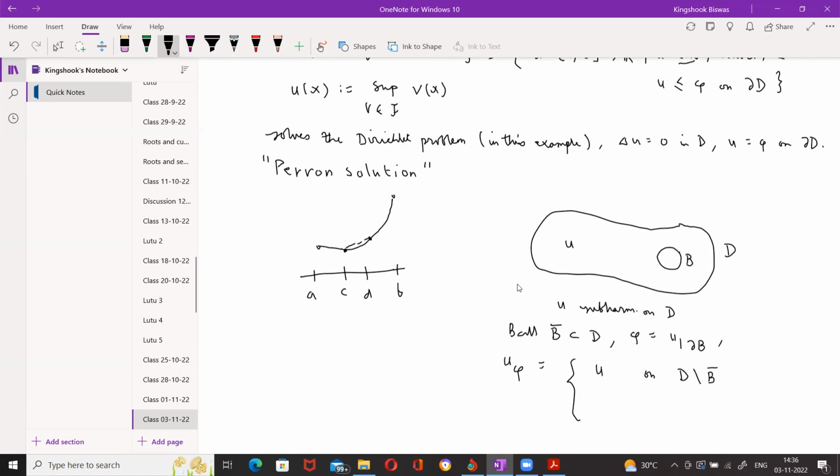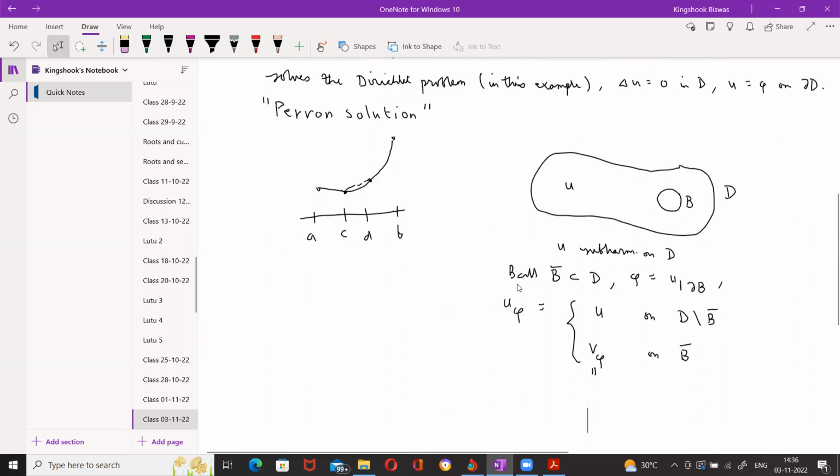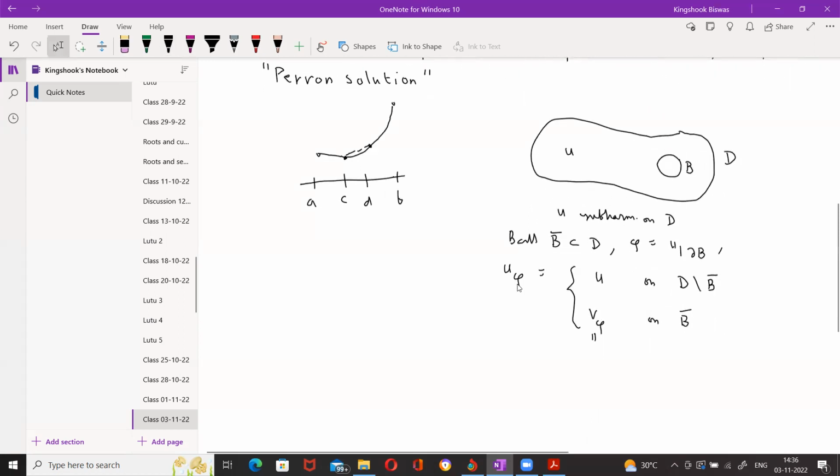And on the closed ball, this is equal to V sub phi, the solution to the Dirichlet problem, so that the Laplacian of V sub phi is 0 on B and V sub phi restricted to the boundary of B is equal to phi.